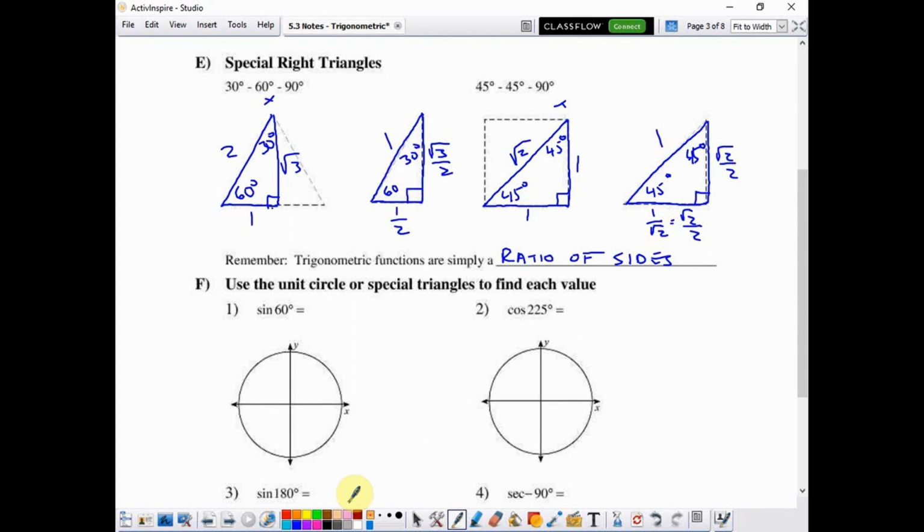Sine of a 60-degree angle. So a 60-degree angle would look about like that. Okay, and I'm not going to use a unit circle. I'm going to use a special right triangle because it's easy for me to remember 1, 2, square root of 3. The sine value is opposite over hypotenuse, which is the square root of 3 over 2.